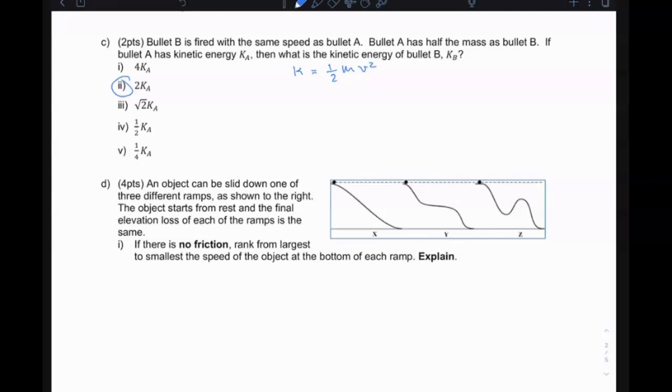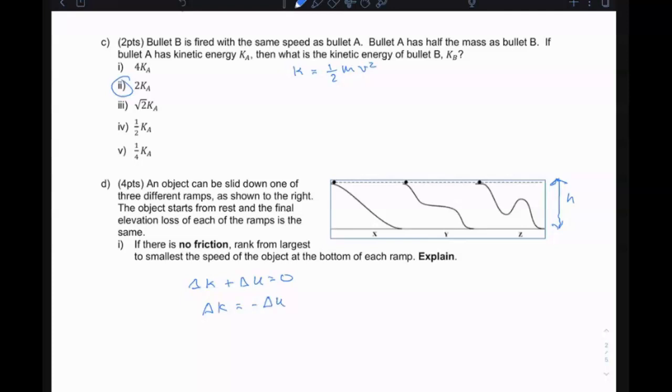Well, in each case, the change in the potential energy is the same because each experiences the same change in vertical position, h. And since there's no friction, then mechanical energy is conserved. That is, change in K plus change in U is equal to 0. So the change in kinetic energy in each case is equal to minus the change in the potential energy.